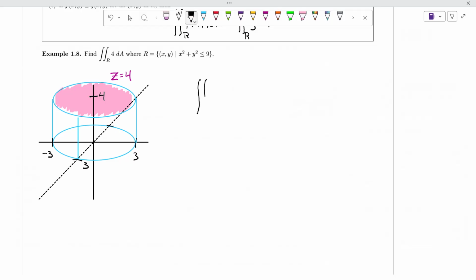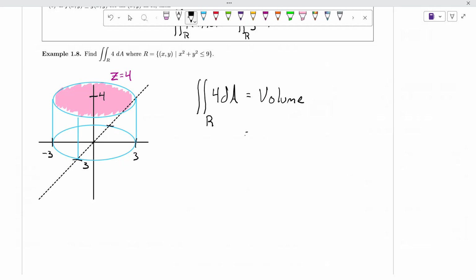So the double integral over R of 4 dA. Remember that this is just a volume, because that's how we want to interpret these double integrals. There'll be some kind of a volume. Since a single integral was an area, a double integral will be a volume, probably.